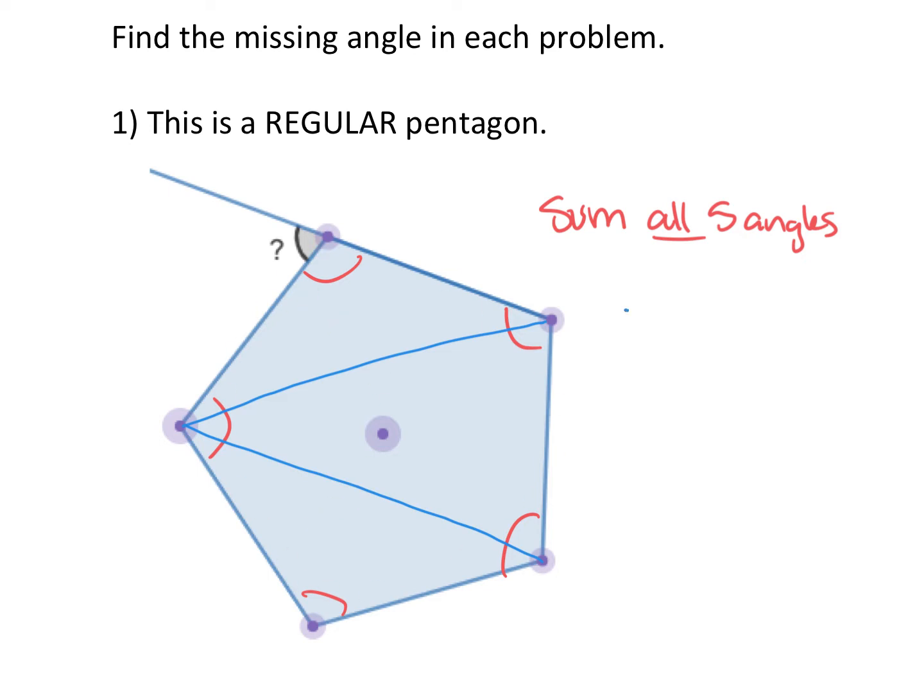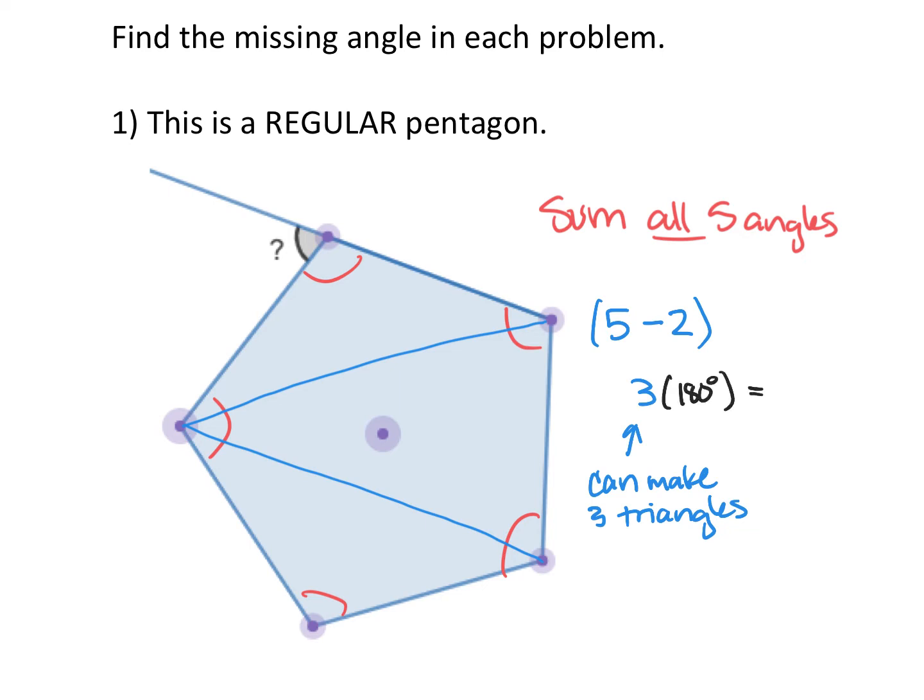So if you have a 5-sided shape, you would take 2 from that to tell you that you can make 3 triangles. And because each triangle has a total of 180 degrees in it, there must be a total of 540 degrees all total. So if I add all 5 of these angles, I would get 540 degrees.